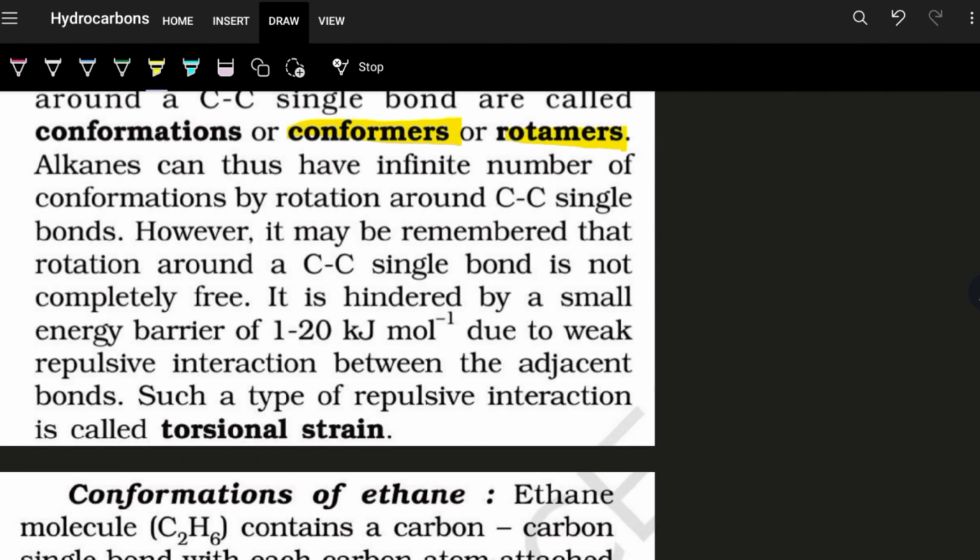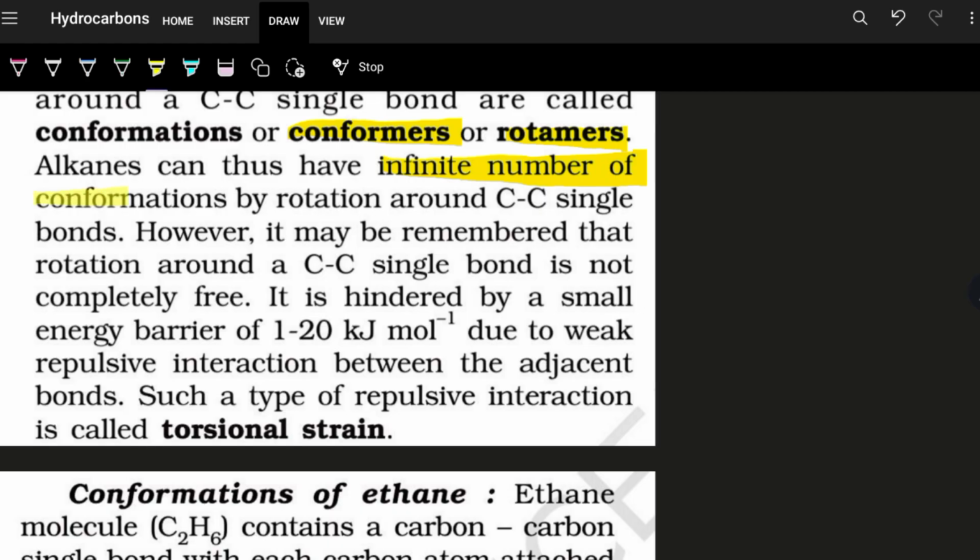Alkanes can have an infinite number of conformations, because as many times as you rotate around the carbon-carbon single bond, that many positions you will get, that many rotamers, or I can say that many conformers you can get. But keep in mind that it is hindered by a small energy barrier of 1 to 20 kilojoule per mole.